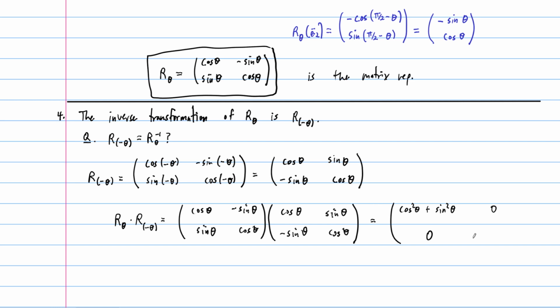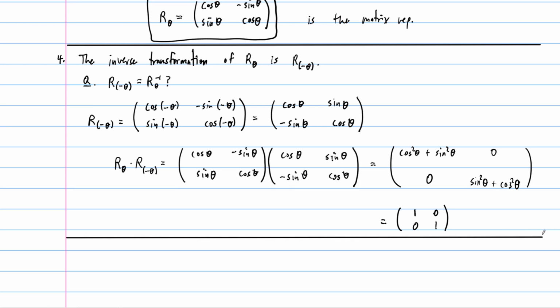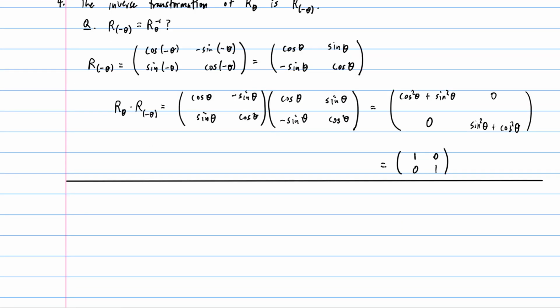And down here, this one's going to be sine squared theta plus cosine squared theta. And of course, by the Pythagorean identity, these are 1, right? Cosine squared plus sine squared is always 1. All right, so that is the identity. So the inverse transformation of R theta is R sub minus theta. And so there's a geometric way to derive the inverse of this transformation, the inverse matrix as well, right?